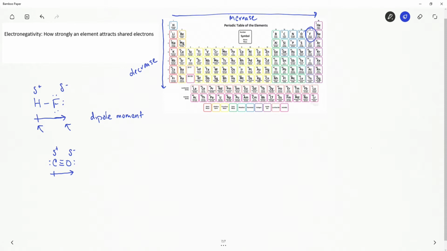Now, not all bonds have a dipole moment. If I take a look at the Lewis structure of nitrogen gas, there is no difference in electronegativity because I have a nitrogen bonded to a nitrogen. This bond has no dipole moment.